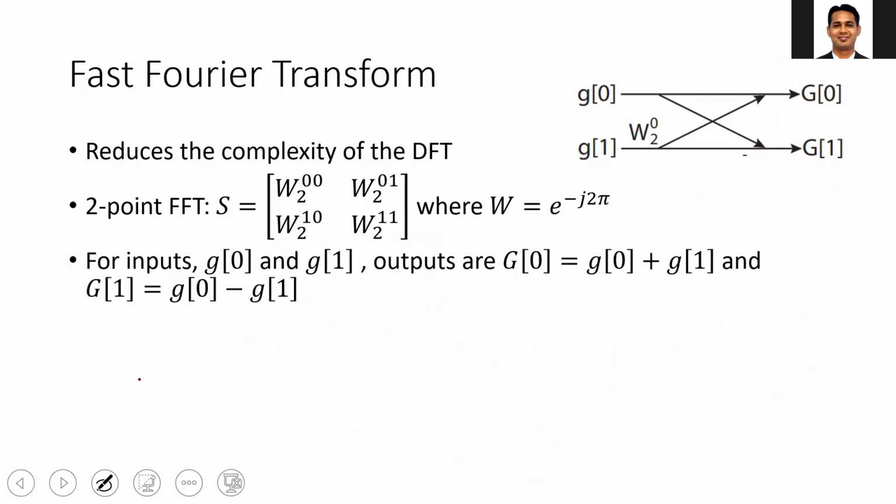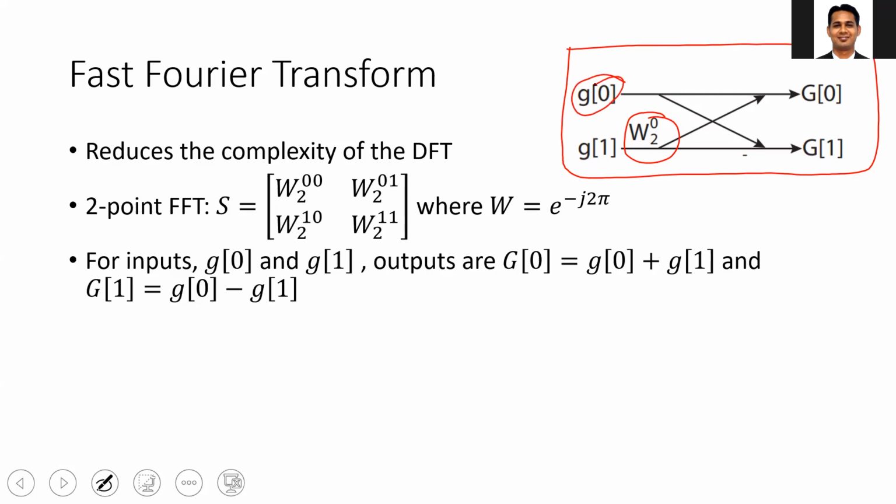So here this structure is called a butterfly structure. This is the butterfly structure of size 2, because the input size is 2 and the output is 2, and you have only one weight, which is the W02. And how it is implemented: you take the second input, you multiply it with the weight W02, and then you add it to your first input, and then you subtract it from the first input.